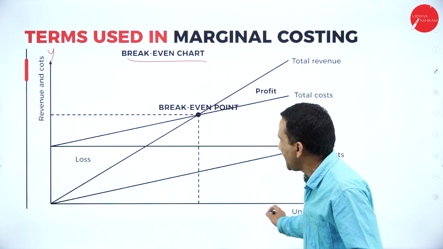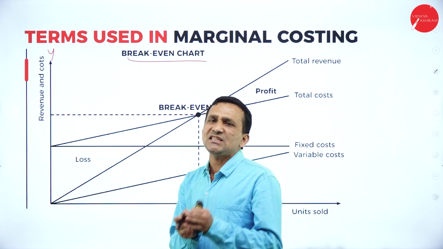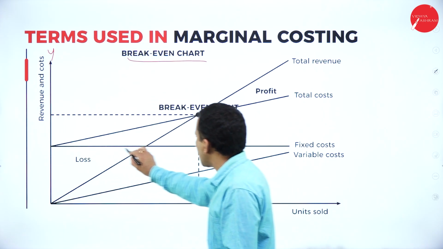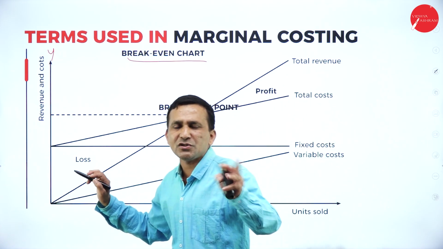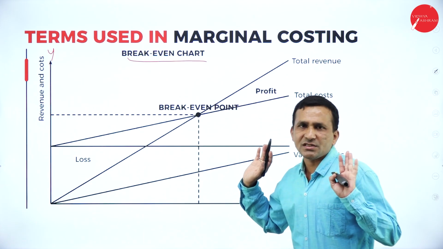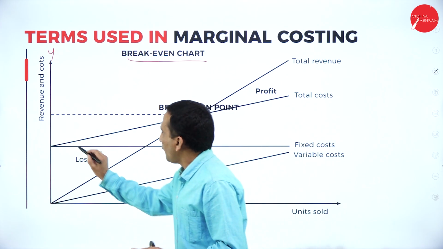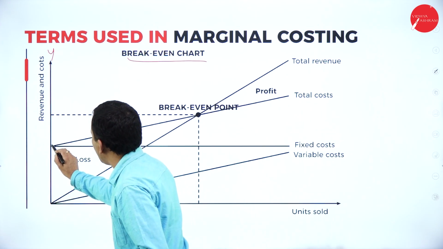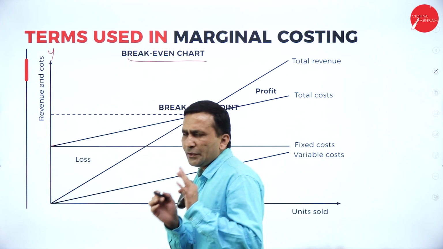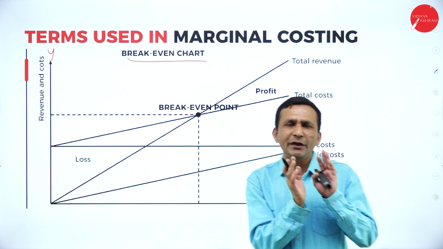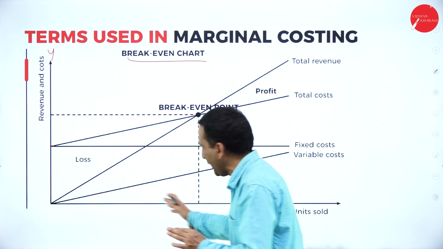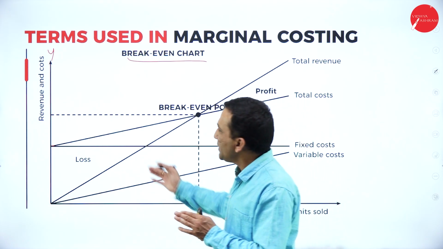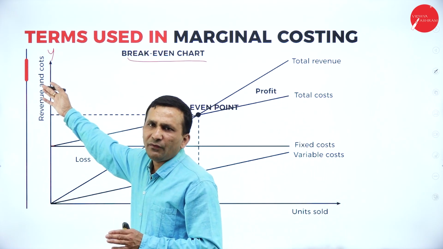The scale is very important. The fixed cost line is always fixed, whether you produce 100, 200 or 1000 units. Next, first you need to calculate the break-even units and sales.